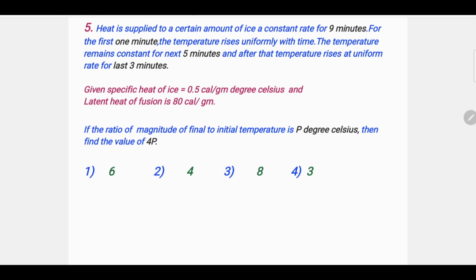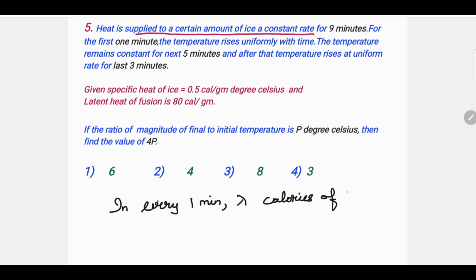So we can focus on the first part of this question. Heat is supplied to a certain amount of ice at a constant rate. Now, constant rate means in our mind, that is the first point it should come. We can take like this: in every 1 minute, we have to assume lambda calories of heat is supplied.